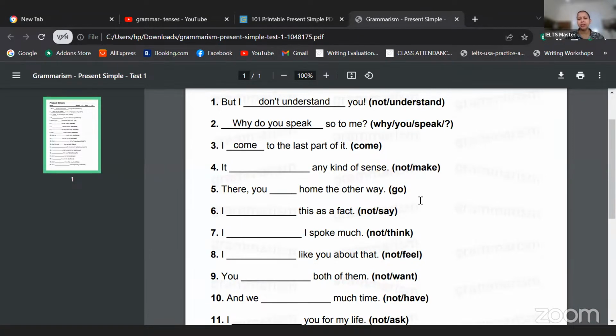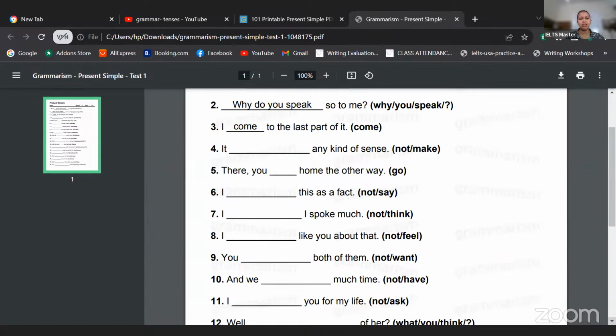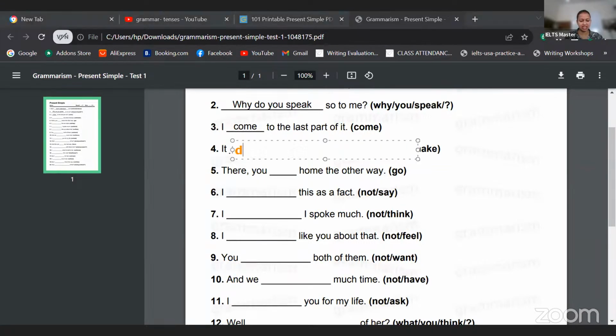Then I come to the last part of it. Similarly, if I have it dash not make, what will come here? It does not. With it, what do we write? Does. It does not. Does not make.